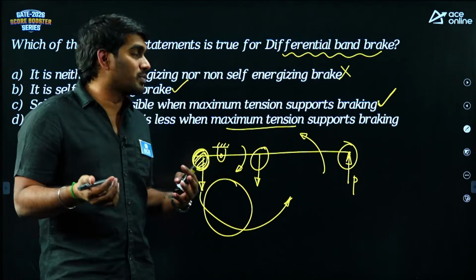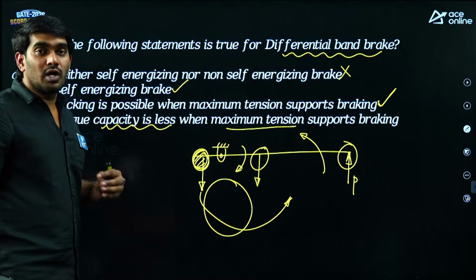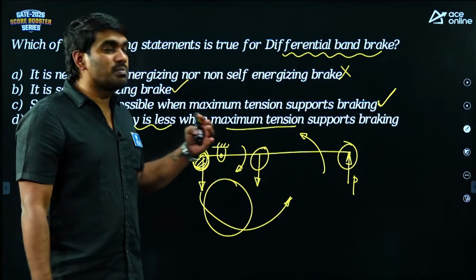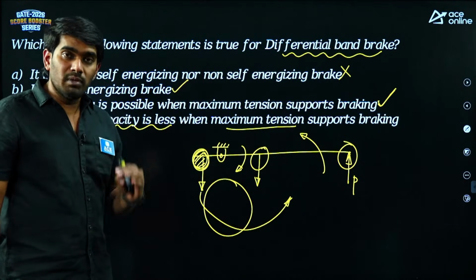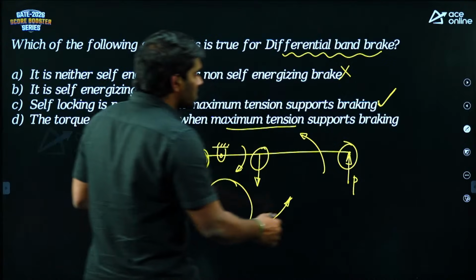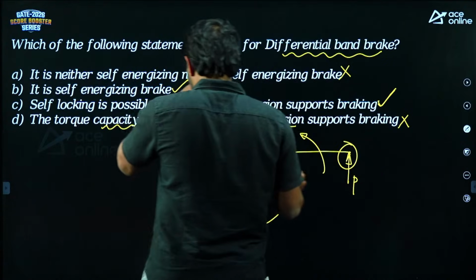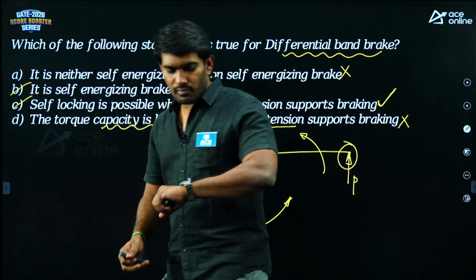When there is more support for braking, how can we expect less torque capacity? Remember that the torque capacity when maximum tension is supporting braking will be more than when minimum tension is supporting braking. So which means option D is wrong. So the answer here is B and C.